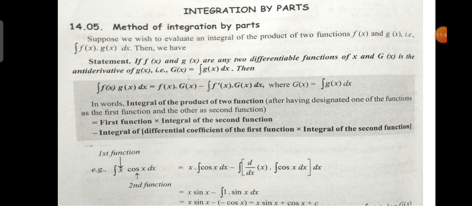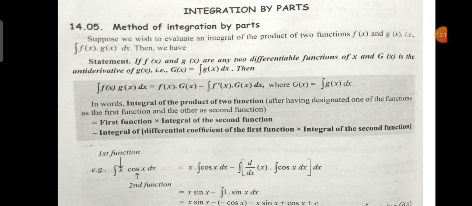The first part is over. Minus the integral, put the integral sign first, then in brackets the derivative of the first, d by dx of x, into the integral of the second, integral cos x dx. This should be in brackets because we are finding the product of this and then integrating it, dx. Then first x, what is the integral of cos x?